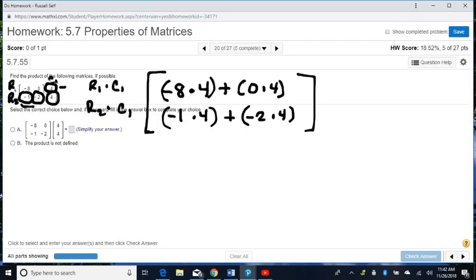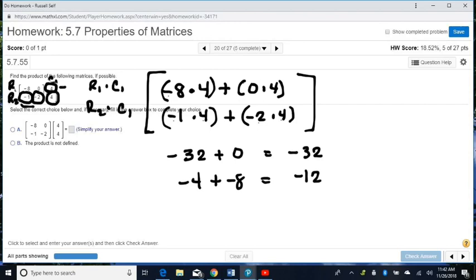Okay. So -8 times 4 is -32, plus 0 times 4 is 0, so that gives us -32. -1 times 4 is -4, plus -2 times 4 is -8, which gives us -12, and that is our completed matrix.